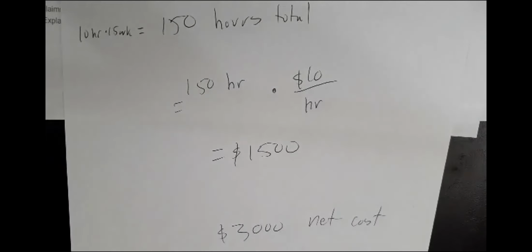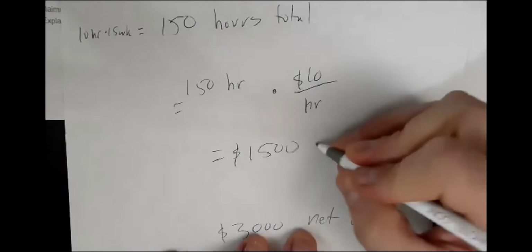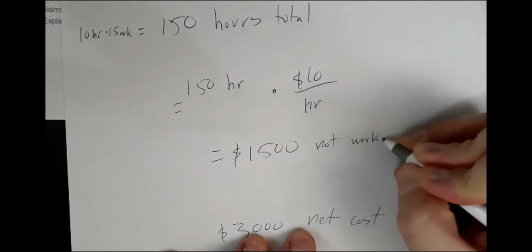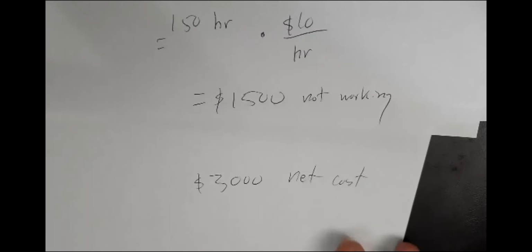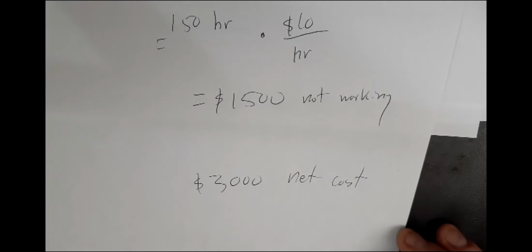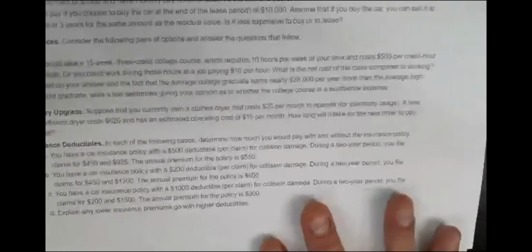So they want the $1,500 in tuition plus the $1,500 from not working, right? And so for each class, there is a $3,000 net cost.